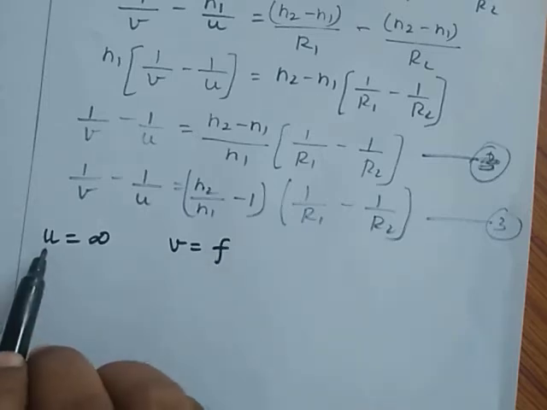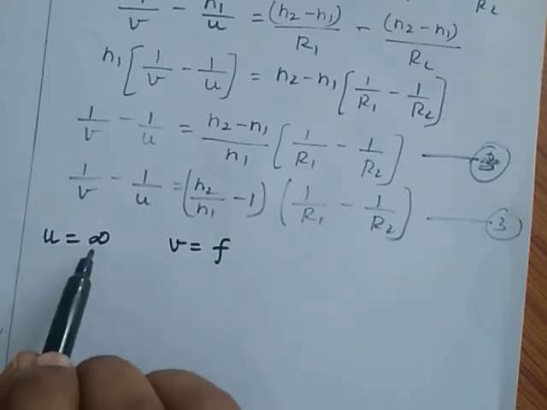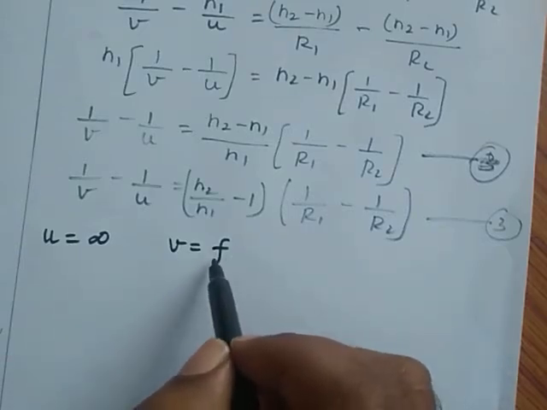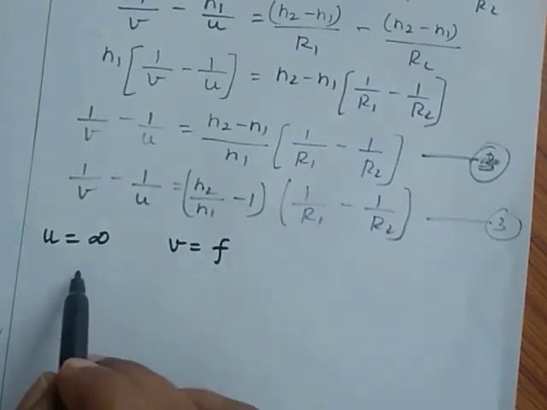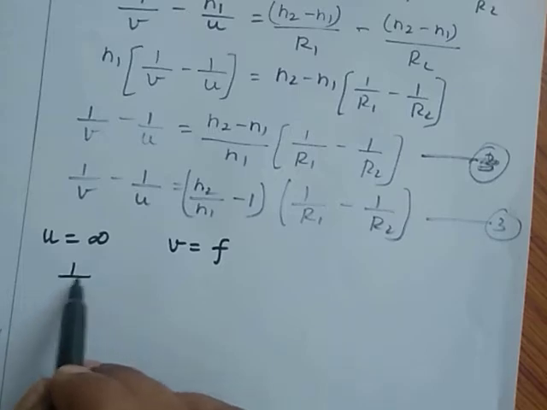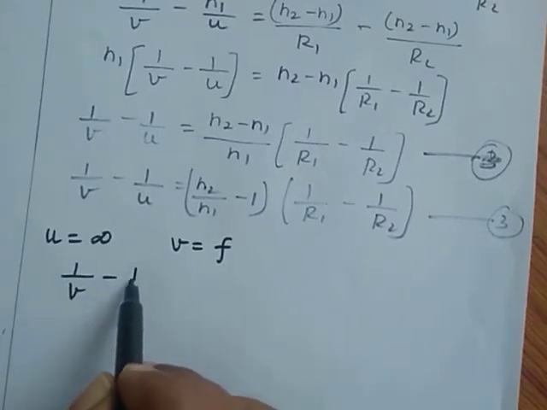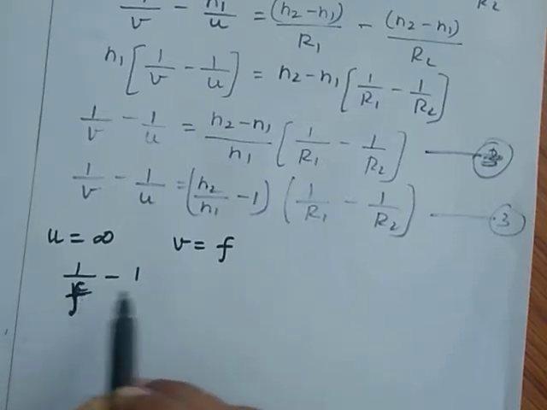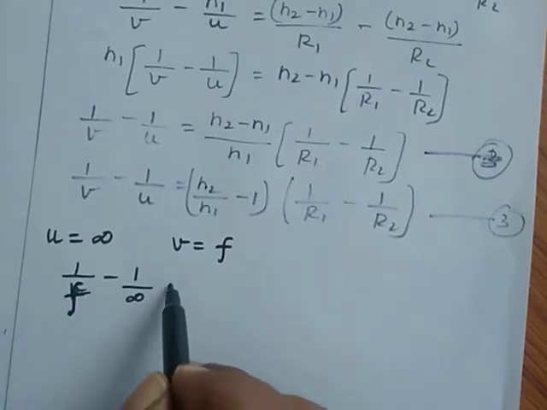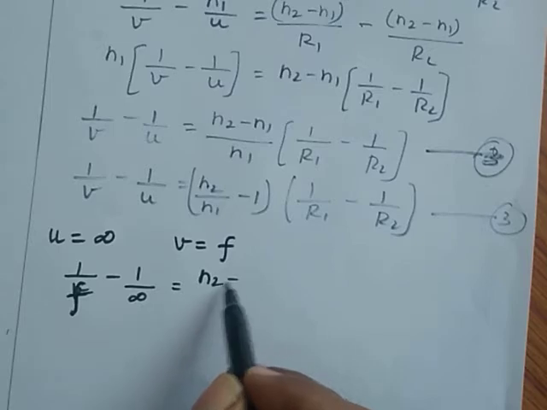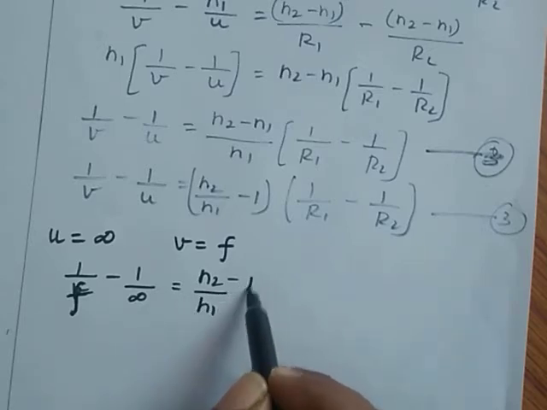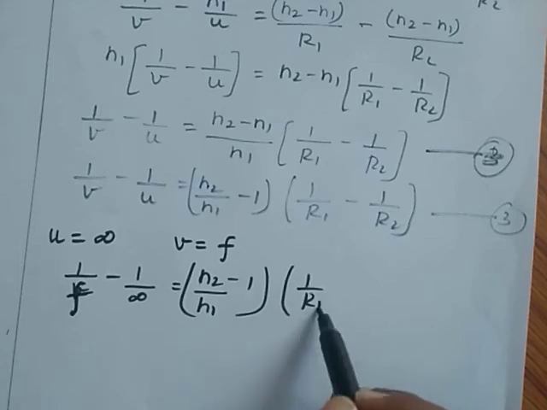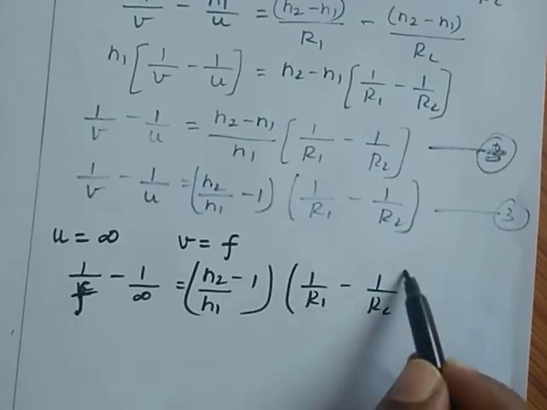Substituting these two in the above equation, 1 by f minus 1 by infinity equals (n2 by n1 minus 1) times (1 by r1 minus 1 by r2).